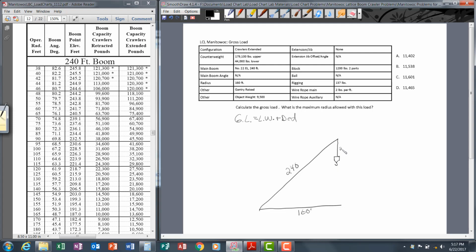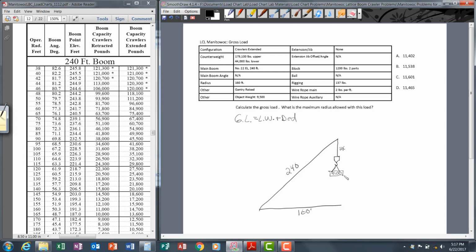Two parts line. And we have 137 pounds of rigging. And we know that our object is 9,500. We go ahead and write that in there if we want. 9,500 is the load weight or the object weight.